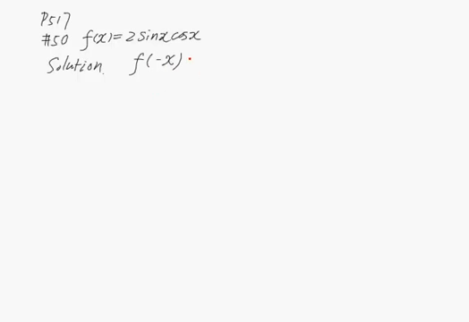Okay, let's first get this. 2 times sine of negative x times cosine of negative x. And sine is odd, right? So we get negative 2 times sine x. And cosine is even, so cosine of negative x is equal to cosine x.